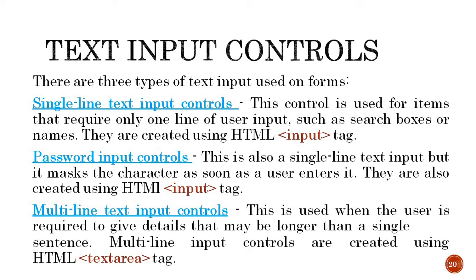It will come in the form of stars, as is the standard for passwords. Next, multi-line: if you want to write a paragraph or a mail, you use a multi-line control as you want to enter multiple lines of text.